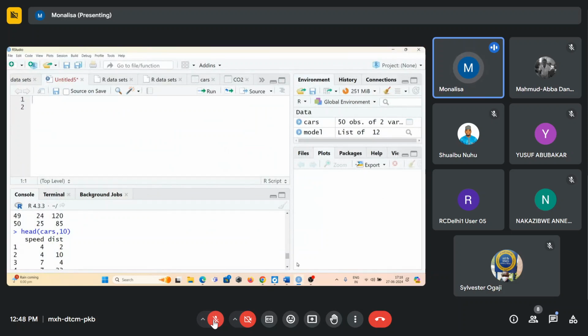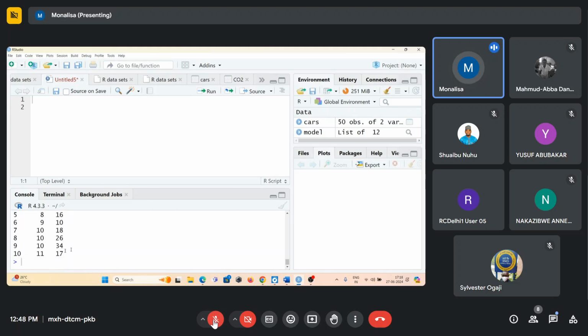Head within bracket cars comma 10. That means you want to get the first 10 observations from the data set that is cars. As you know, cars has 50 observations, but we want to work upon 10 observations. So we want to extract 10 values or 10 rows from the entire data set, the first 10 rows. That's why we have written head.